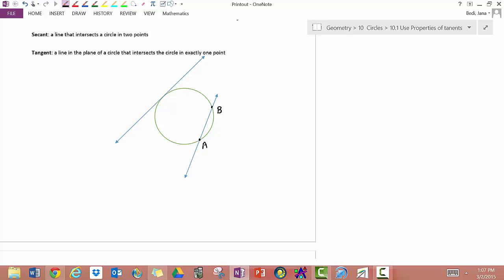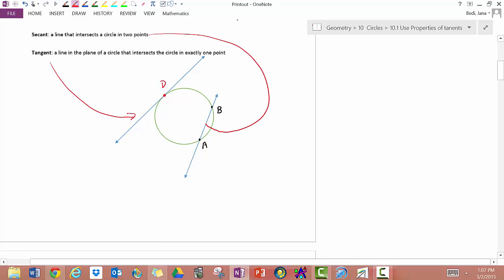A tangent is a line or a ray or a segment that intersects the circle in 1 point only. So this is a tangent, and this is a secant. So secant is line AB, and at this point our line for the tangent doesn't have a name, but it intersects the circle at point D.